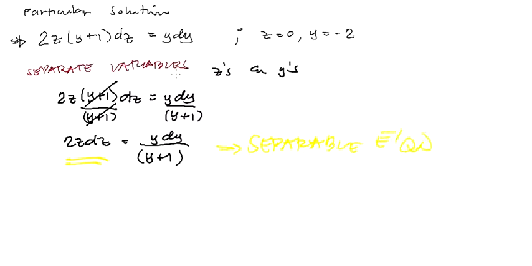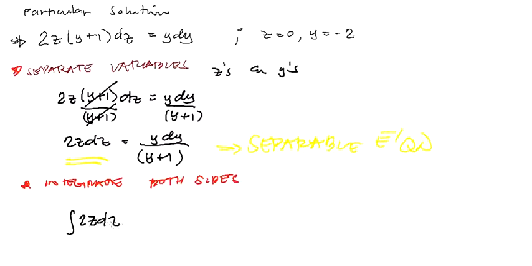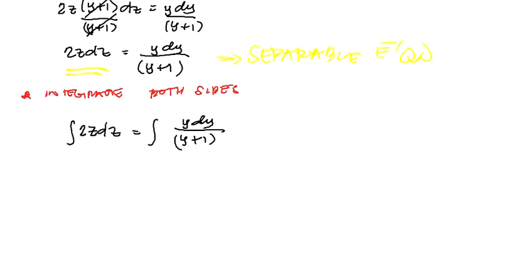Then the next step is to integrate both sides. So by doing that, we have the integral of 2z dz is equal to the integral of y dy all over y plus 1.